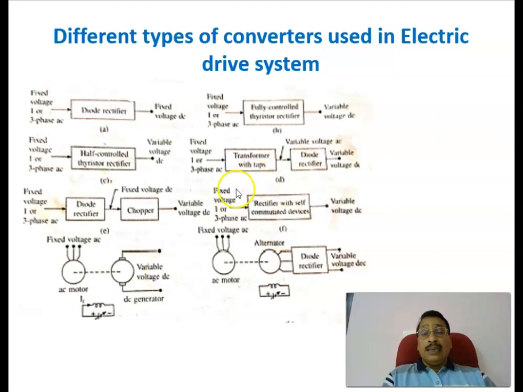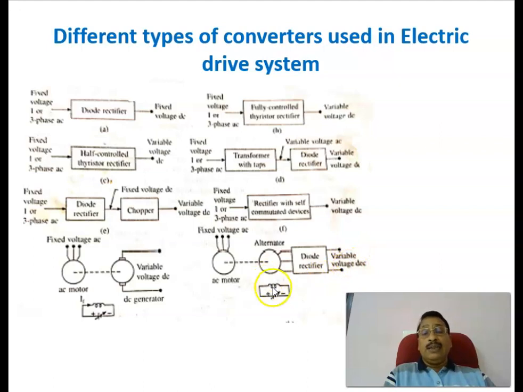Now here, if you give an AC voltage and use an AC alternator, by changing the field current you can vary the voltage available at the output of the alternator. That voltage is given to a diode rectifier, and we get a DC output voltage.